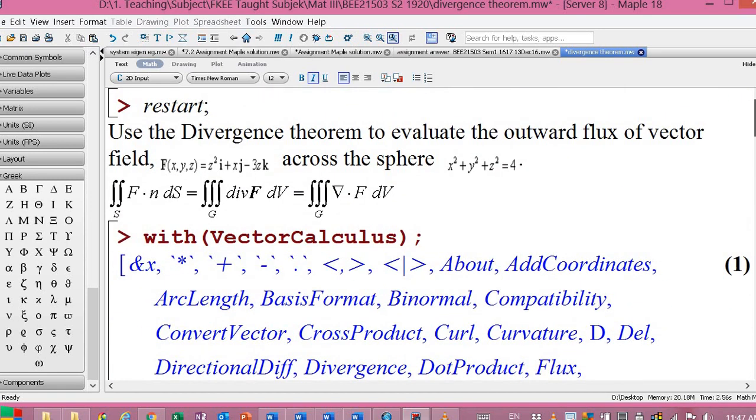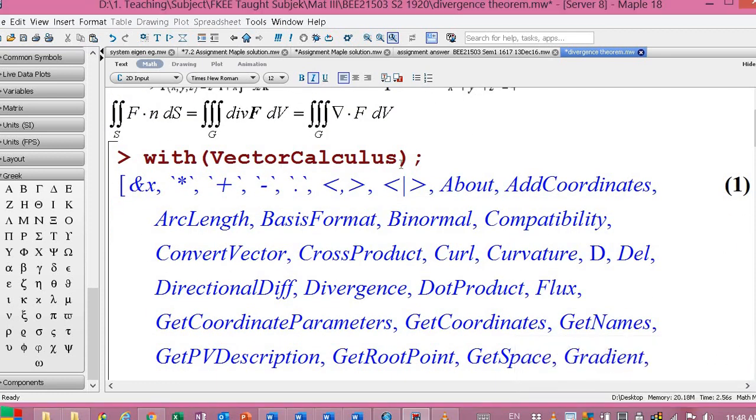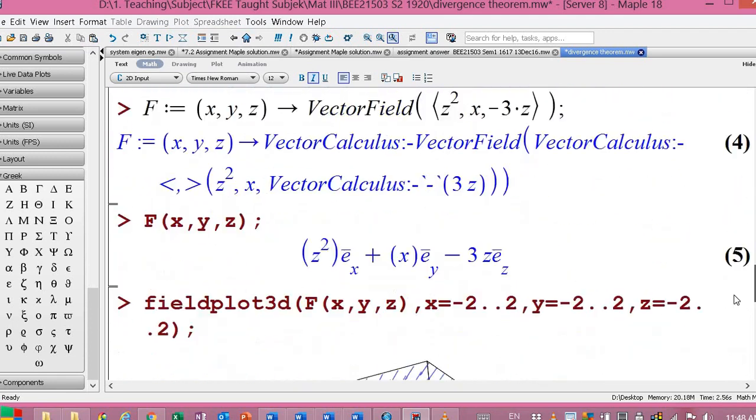So here I conclude how to use Maple to evaluate the divergence theorem. For the divergence of f, make sure you turn on the vector calculus package and call the function divergence.